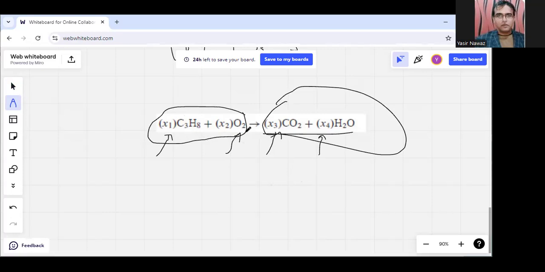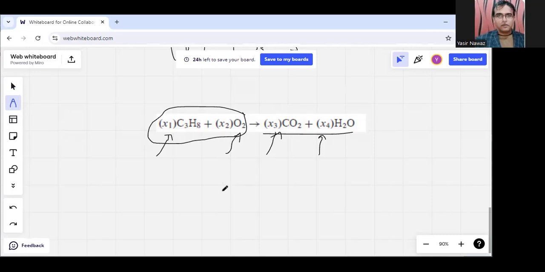So x1 is the coefficient of this, the bracket will be considered as just multiplication, so x3 is multiplying with CO2.